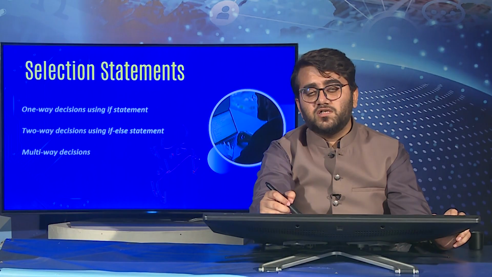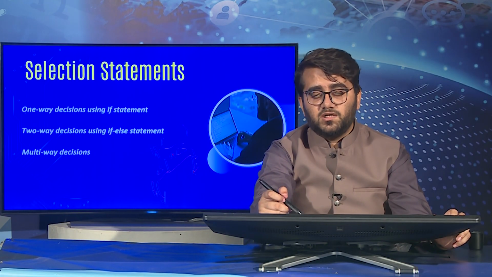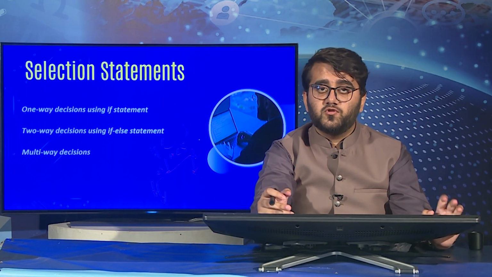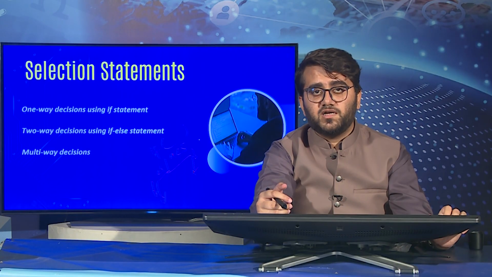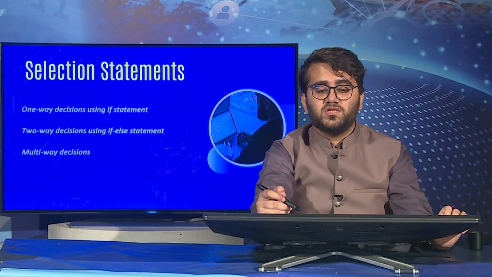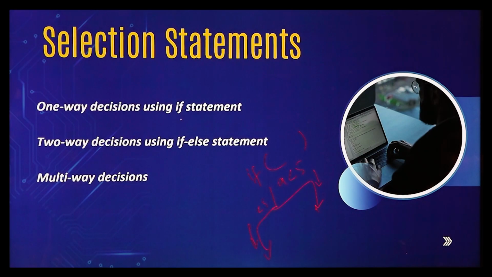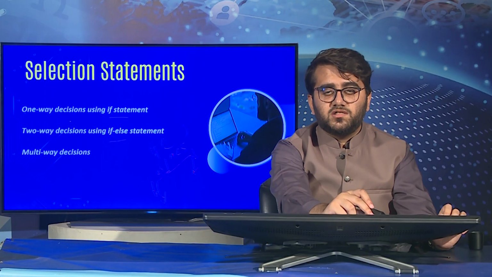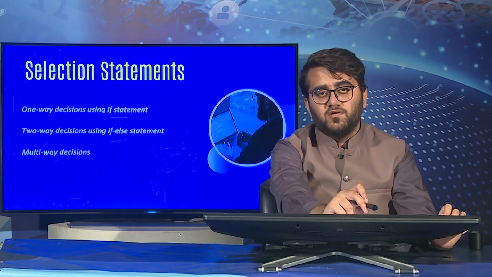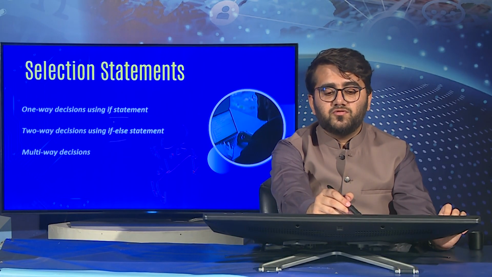This branching or selection concept is dealt with through different directives in programming languages, and in C++, it is addressed through the if statement, if else statement and switches. If we are making one-way decisions, if we are just checking whether the value is less than 5, one decision, then we will use if.